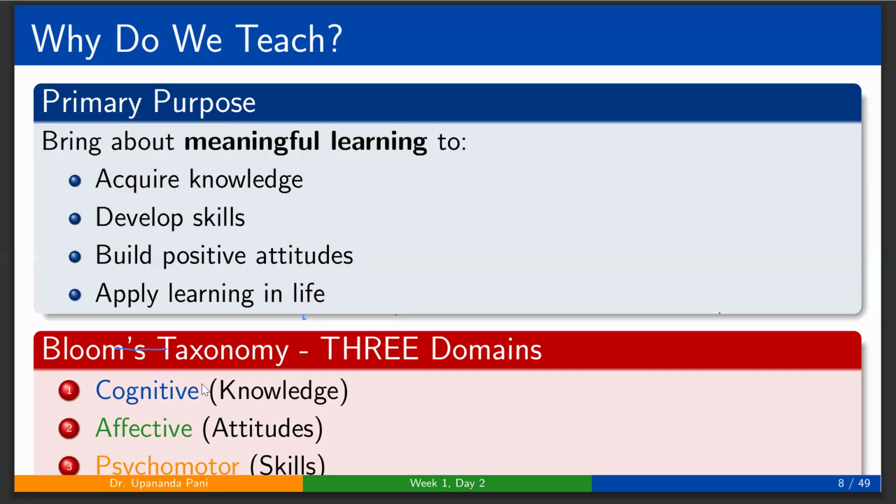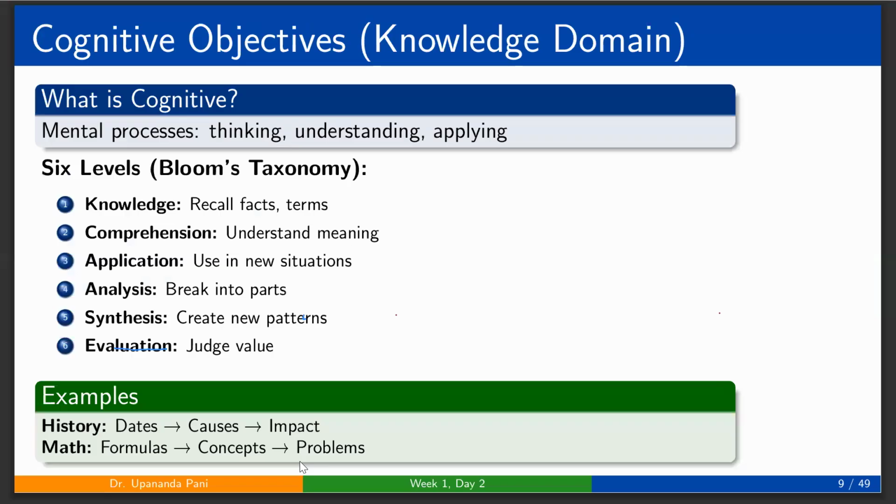The first one is cognitive, that is knowledge; affective, that refers to attitudes; and then psychomotor skills. So let's try to understand more about this. What do we mean by cognitive objectives? That is the knowledge domain. So what is cognitive? It's a mental process, basically thinking, understanding, and applying.